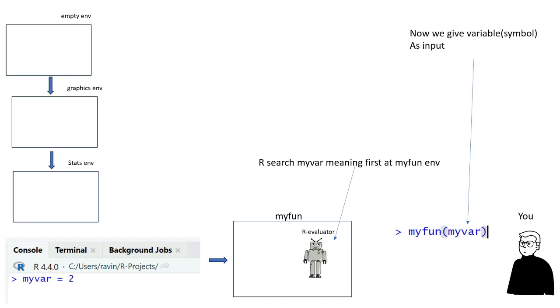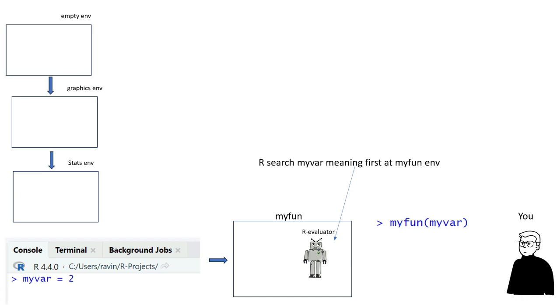Then it goes to the global environment and finds the meaning of the my var symbol. Now it is able to calculate the function and return 4 to the user. So this is how it gets the meaning of any symbol from the computer.